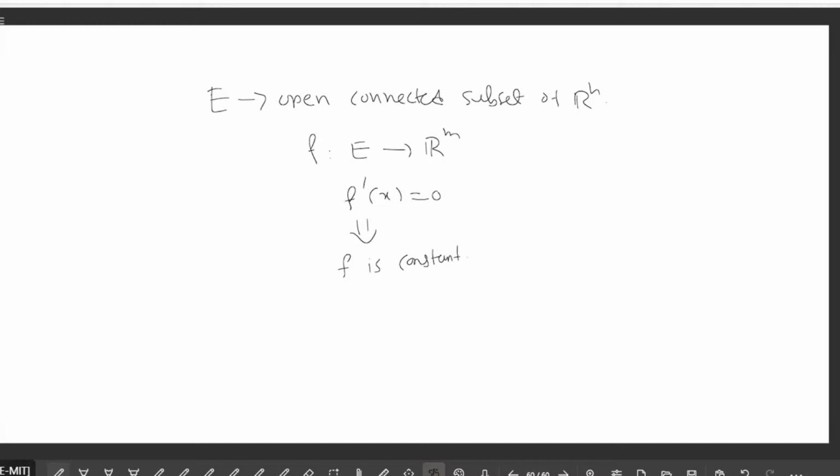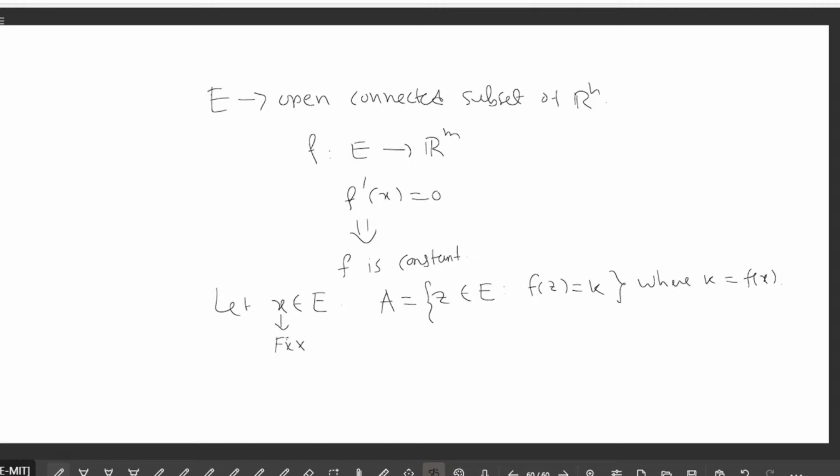So how will we do it? Let's take a point x belonging to E, and fix it. Consider the set A of all z belonging to E such that f of z equals k, where k is nothing but f of x.